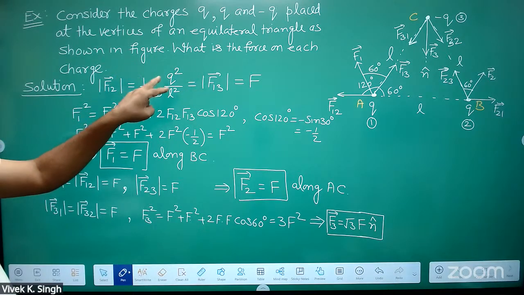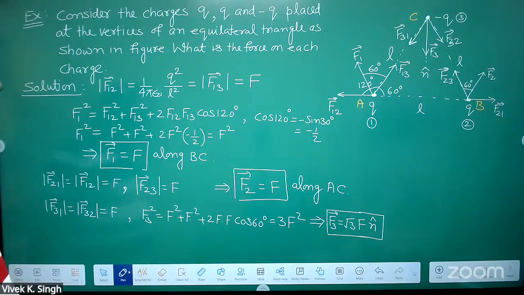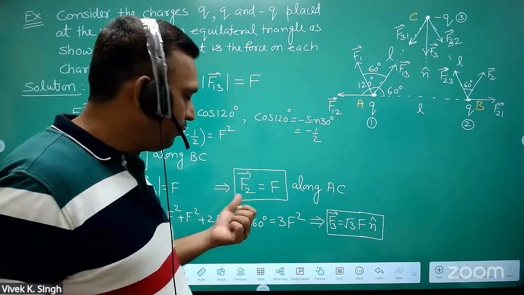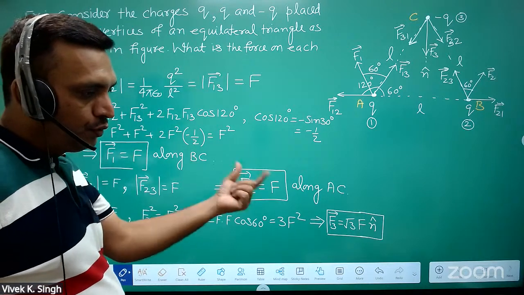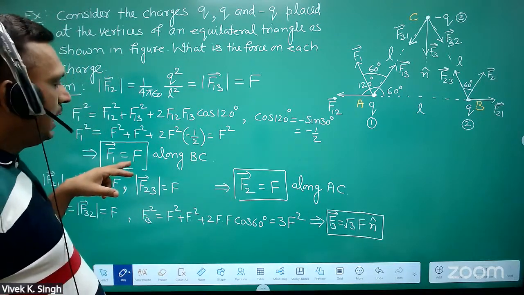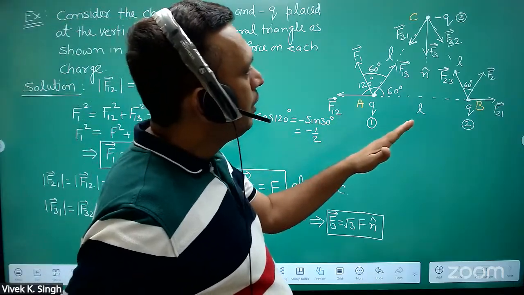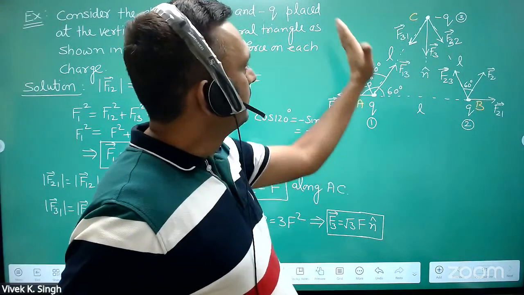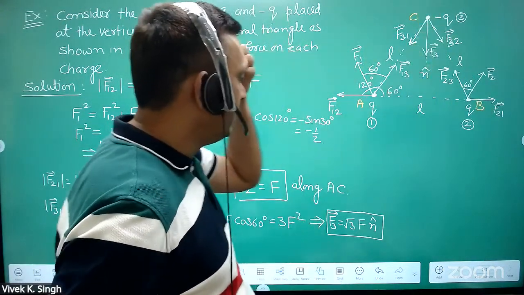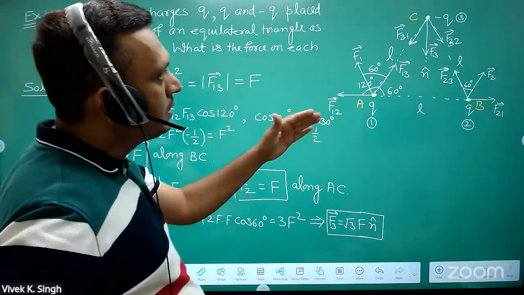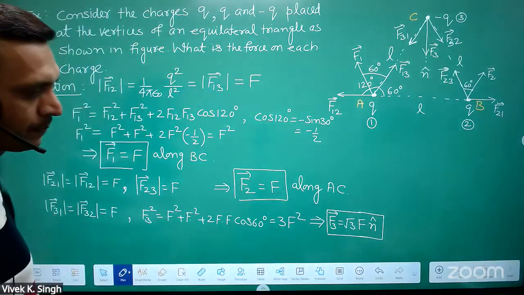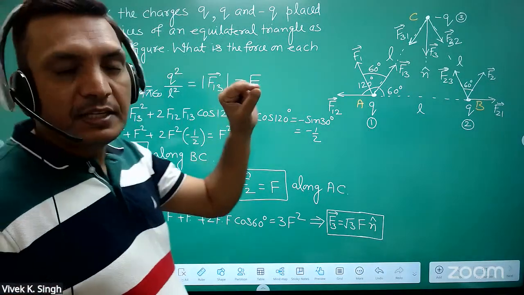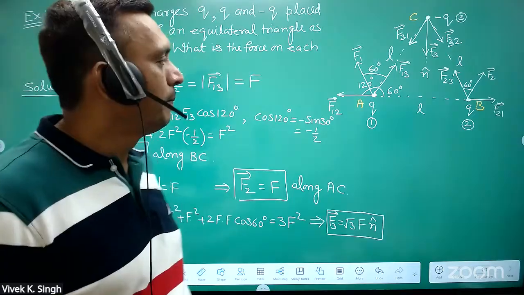Where F is Q² by 1/4 pi epsilon naught L². Is it clear? What will be F1? Magnitude is same as F. F2, direction of F1 is along BC, in this direction, along the direction of BC. F2 is along the direction of AC, and F3 is in this direction. So that is the force experienced by each charge.